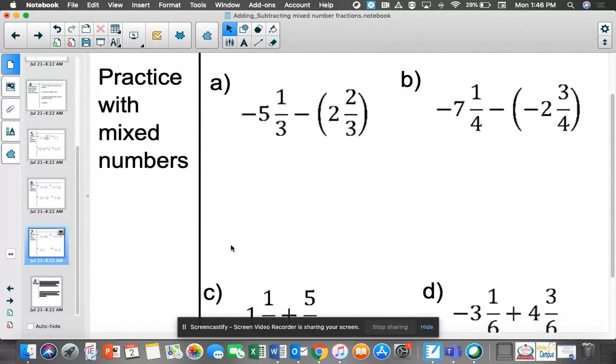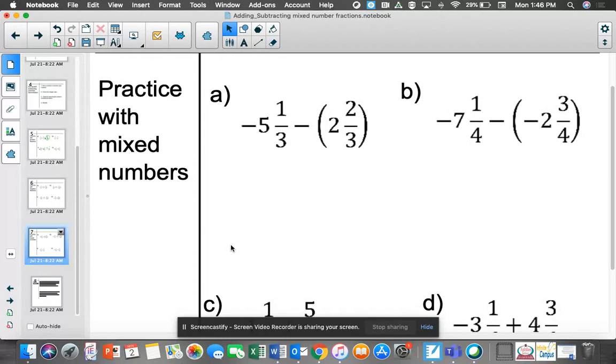Okay, here we're practicing with the mixed numbers again. I will do A. And like I said, I like to actually change it into an improper fraction and then back again. But you can also just do the problem like it is. So I know I'm taking a negative and subtracting a negative.